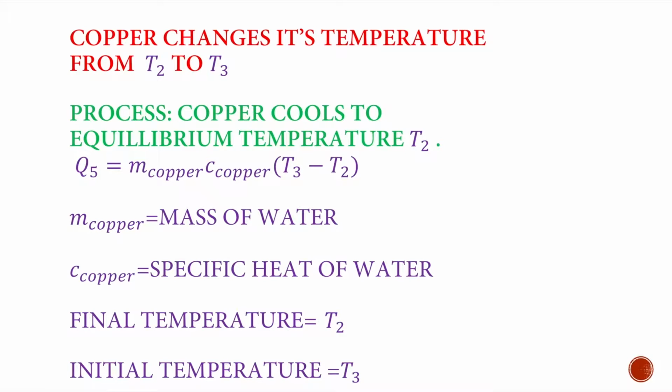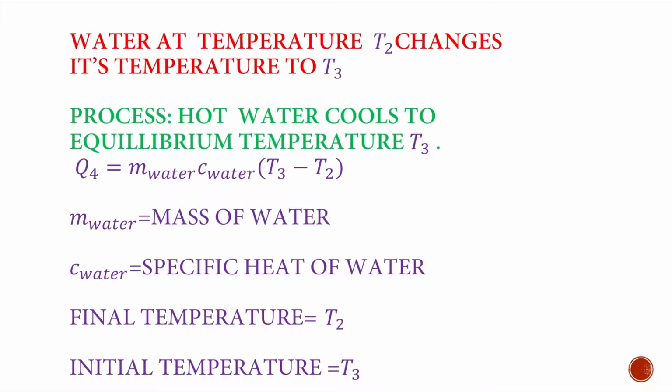So copper changes its temperature from T2 to T3, so here there occurs a temperature change. So the equation we have to use is Q5 is equivalent to mass of the copper, specific heat capacity of the copper, T3 minus T2. T3 is the final temperature and T2 is the initial temperature.